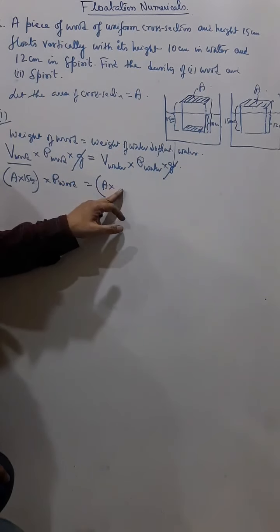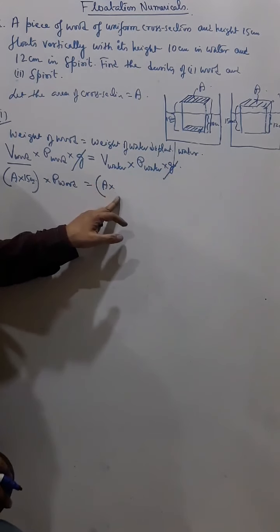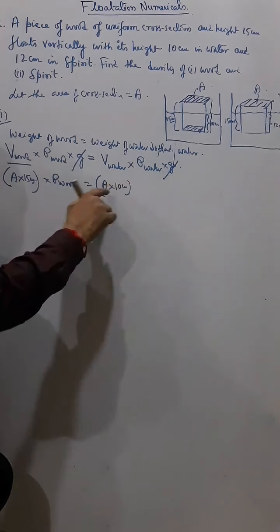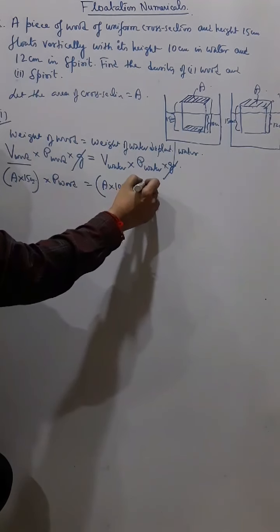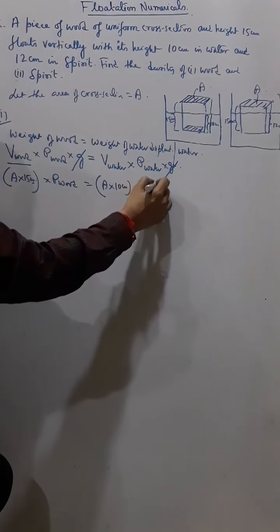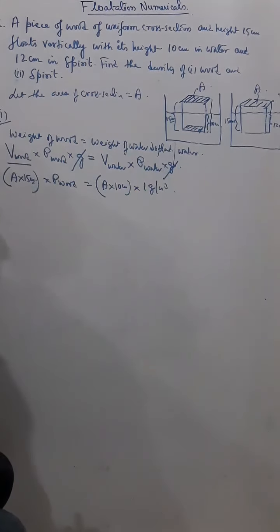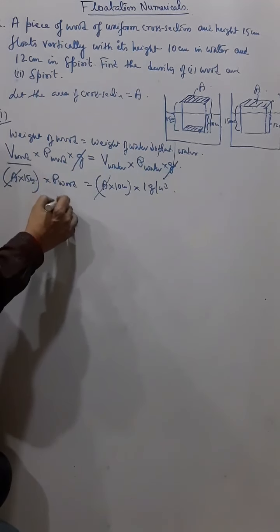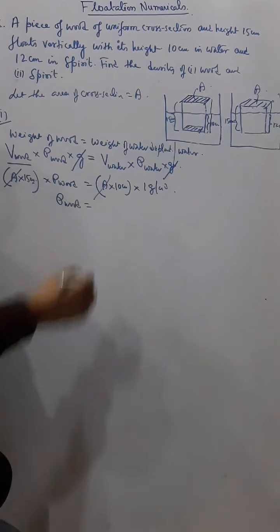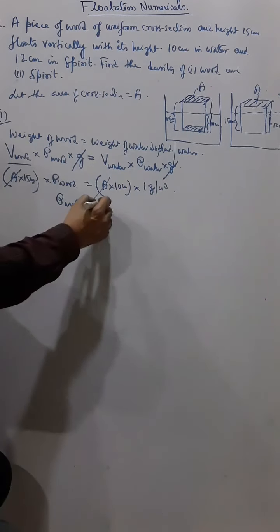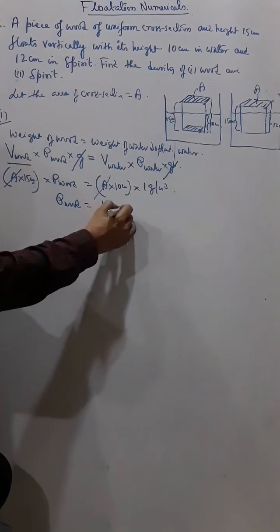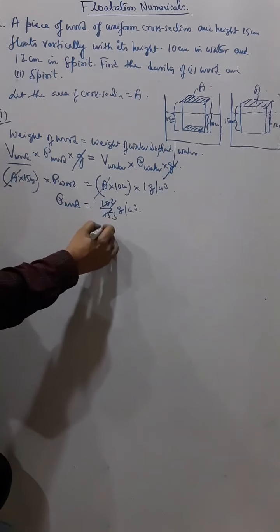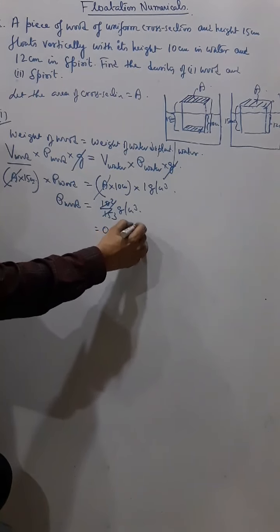Volume means area into height. And density of water is 1 gram per centimeter cube. So finally A and A also get cancelled. Density of wood will be 10 by 15 gram per centimeter cube, 2 by 3. So we get 0.667 gram per centimeter cube.